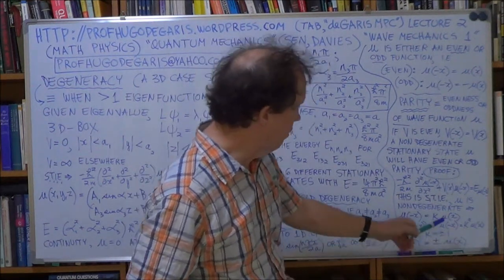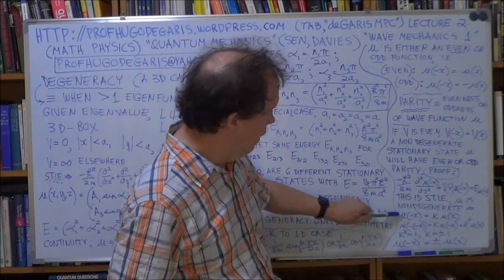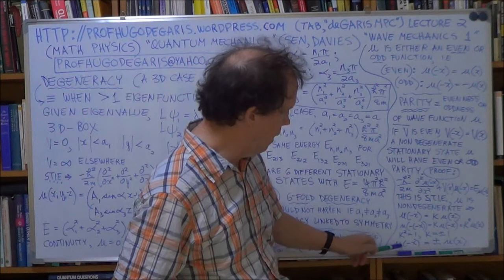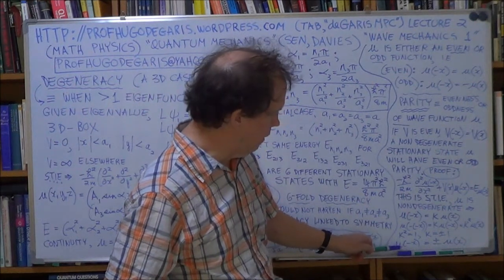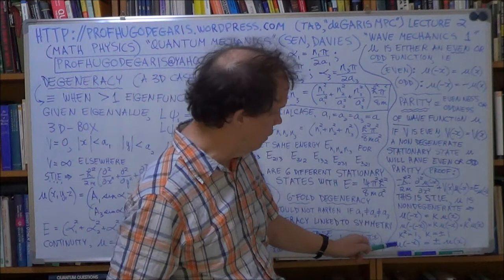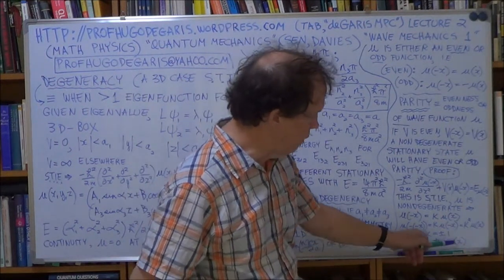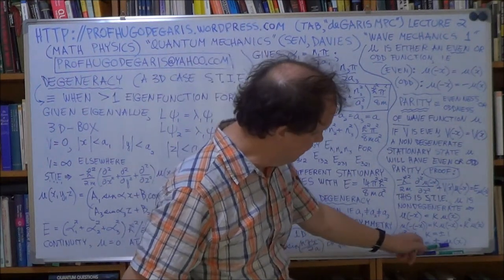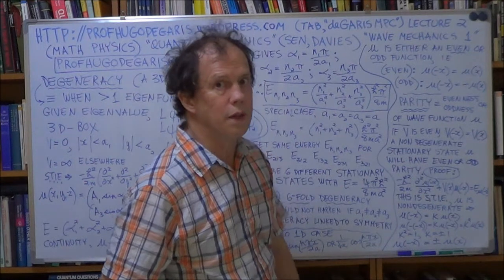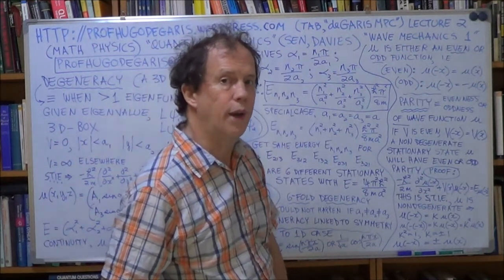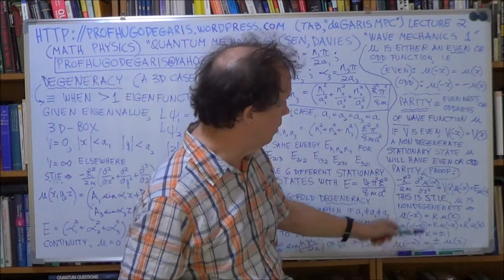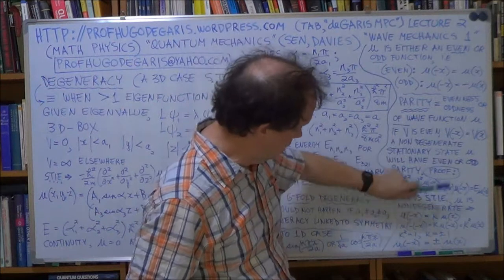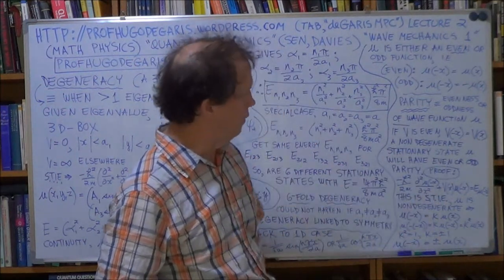Now if k is plus or minus 1, that means that u of minus x equals plus or minus u of x. In other words, the parity of this wave function, this eigenfunction, is odd or even. It has odd or even parity. So there's the proof. That was the theorem statement, and from here downwards is the proof of the theorem.